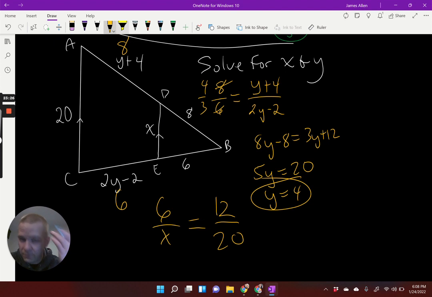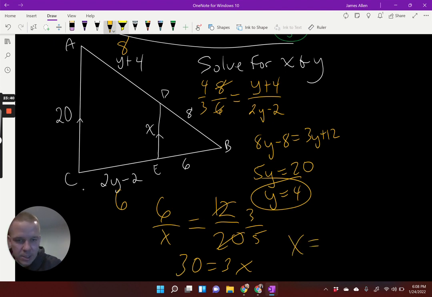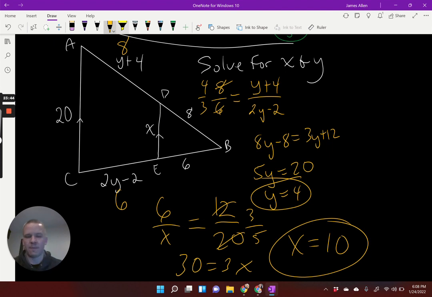So it should be half the length if you recall from the last chapter. So here I could reduce down by 4 and I can get 3 over 5. So I'm going to have 30 equals 3x. So x equals 10 as expected. Awesome. Fantastic.